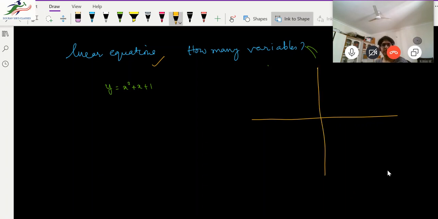For this, x square plus x plus 1, to find out values of x, we'll have to do middle term splitting, right? Yeah, you can do that, but I'm not asking for the solution. I'm just asking for the graph.